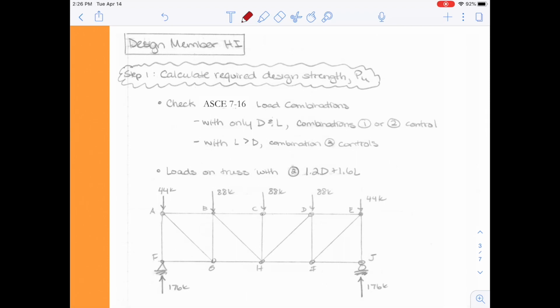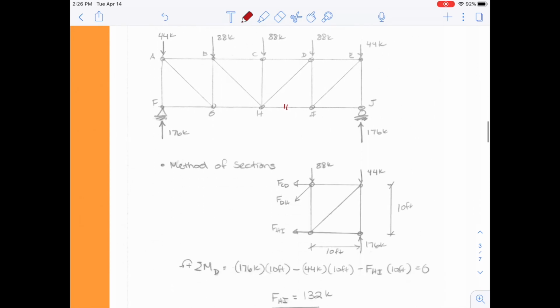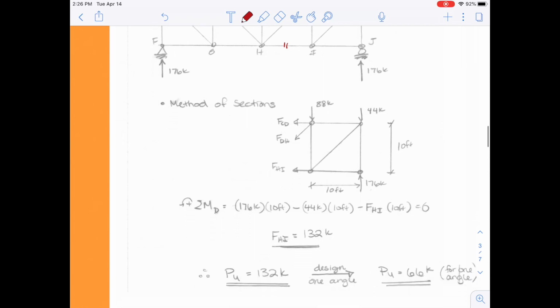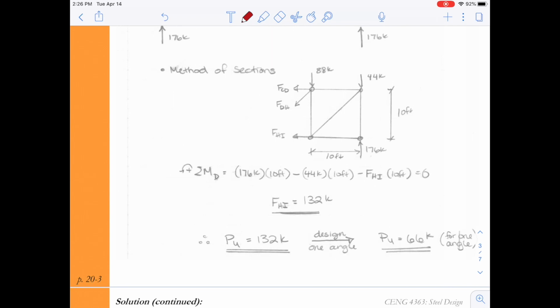All right, the first step is to calculate the required design strength, P sub u. So this requires our load combinations. I'm just going to move quickly through this. We're going to follow ASCE 7-16 for our load combinations. When we have only dead and live loads, combination 1 or 2 will control. In this particular instance, combination 2 will control. So we will factor our loads as 1.2 dead plus 1.6 live.